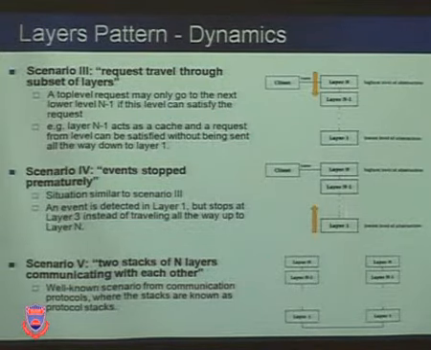In a similar sense, the notification can be stopped early on. An event is detected in layer 1 but stops at, for example, layer 3 instead of traveling all the way up to layer n. Maybe the exception is handled there.